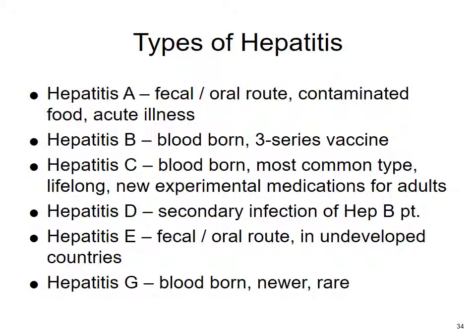Hepatitis D is a secondary infection of a hepatitis B patient. These D, E, and G are much less common. E is the fecal oral route found in underdeveloped countries, and then G is bloodborne, but it is newer and still rare in our country.